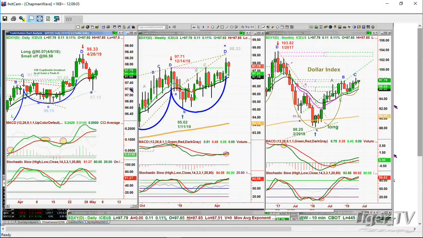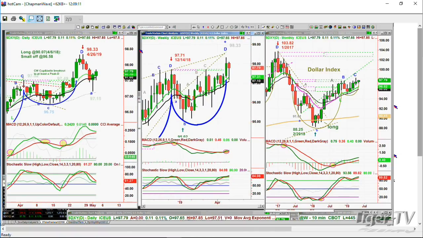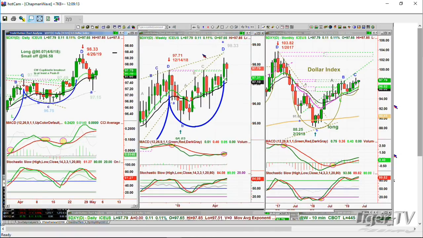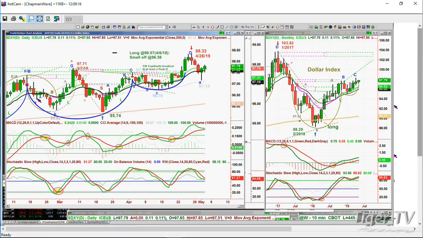Look at the dollar. Look at these beautiful cup formations. In the dollar, you've got, whoa, where did that go? Okay, right there on the left, you've got a couple of cups that made higher highs and then pull back. And you've had a beautiful stair-step move. The dollar's right now up 11 cents at 97.80.